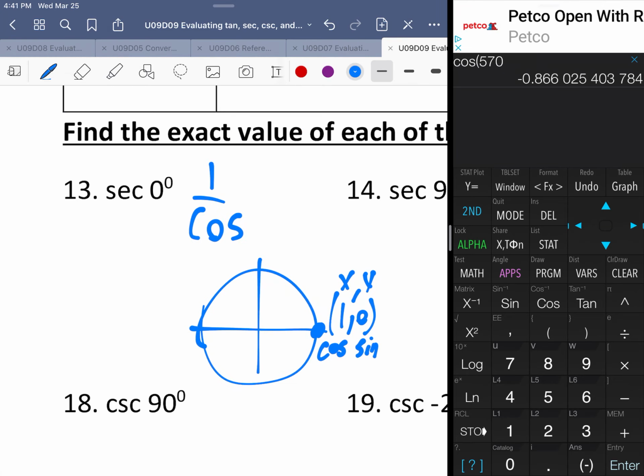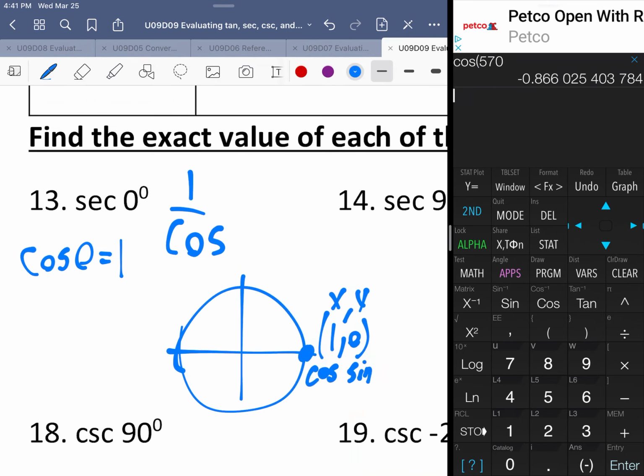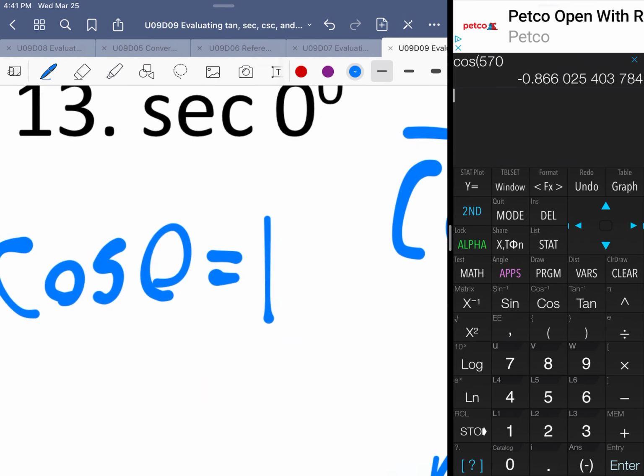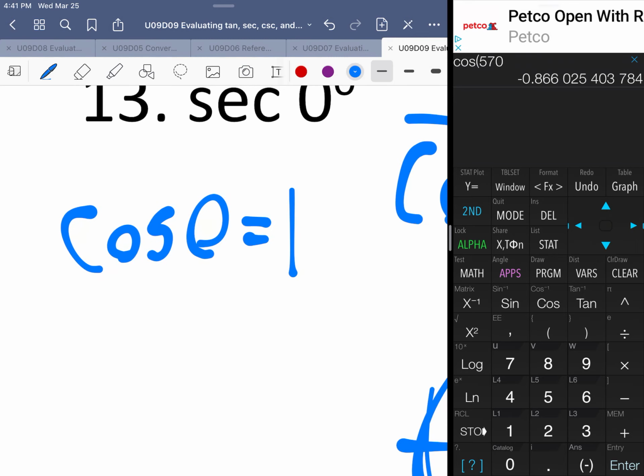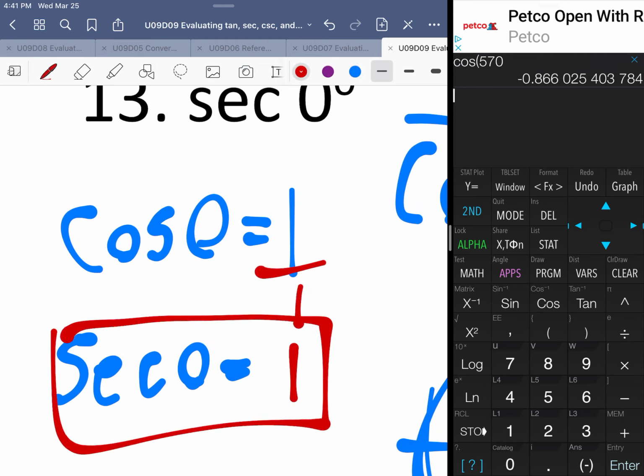So for secant of 0, we take our answer for cosine of 0, which is 1, according to the x value being 1, and then we take its reciprocal. So secant of 0 should be equal to taking 1 over 1 and flipping it over. We still get 1, so the secant of 0 is 1.